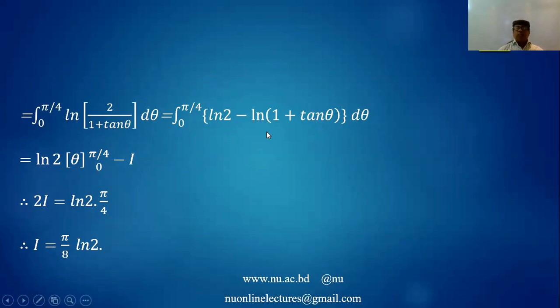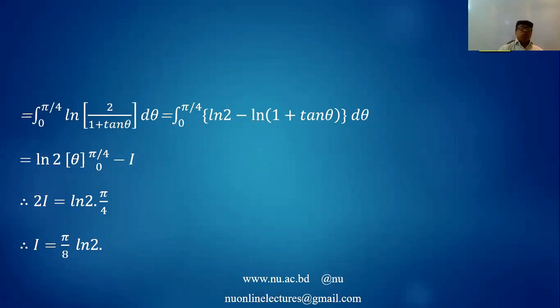Okay. Now we take the integration from 0 to pi by 4. This part is I, and this is ln 2. If we integrate ln 2, it is a coefficient, so we take it outside the integral.